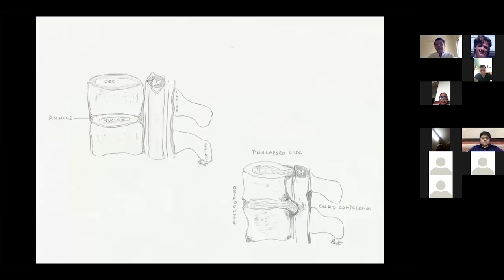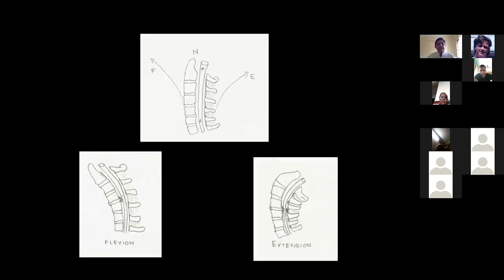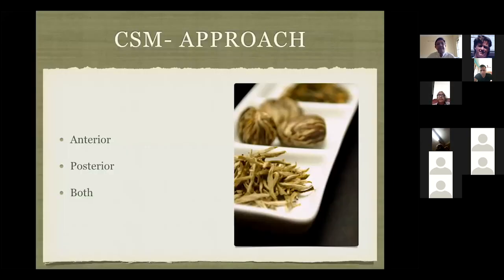You can see the spinal cord is very free in the first. In the second, the spinal cord is very much compromised and pinched, and it can get damaged further on movement, which we discussed last time: in flexion and extension, how it can compress the spinal cord from anterior and posterior. Now, the approaches for CSM are anterior or posterior or both sides.